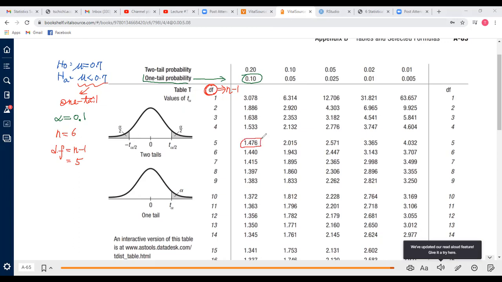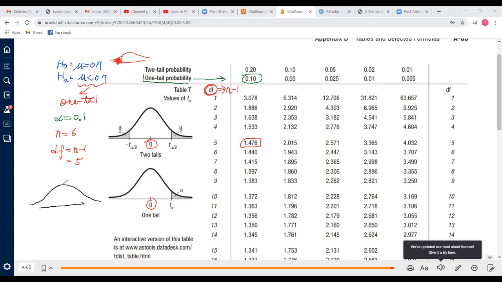What do I have here? 1.476. Now, this is my t, right? Look here, the center of t is 0. Because this is less than, remember we said if it's less than, it's the left tail.